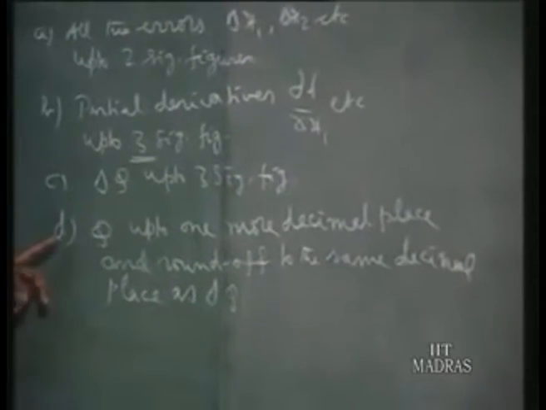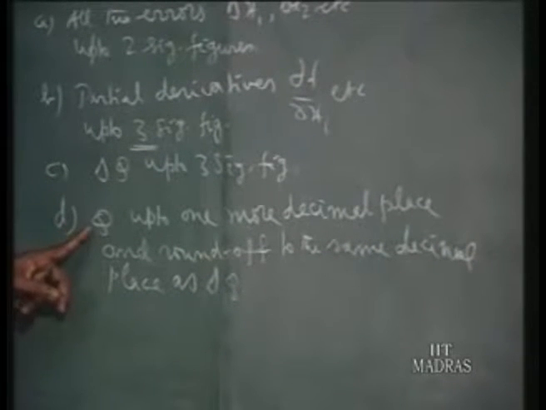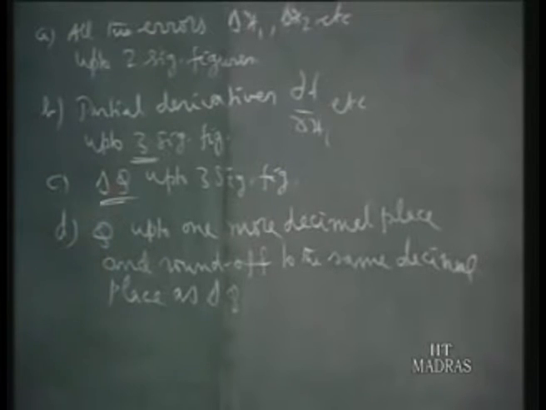And then only we are supposed to compute the nominal q, the nominal computed value. We do not do it at first, because up to what decimal place q should be obtained will be known only after computing delta q.